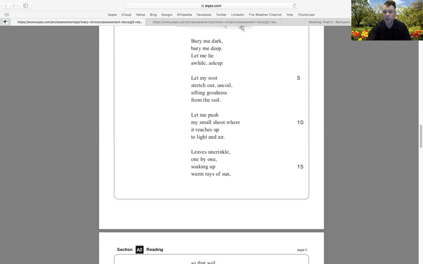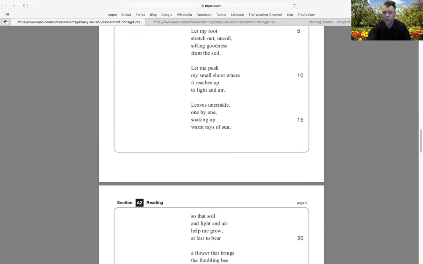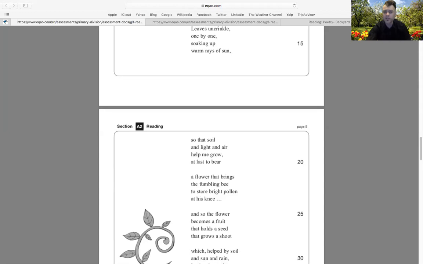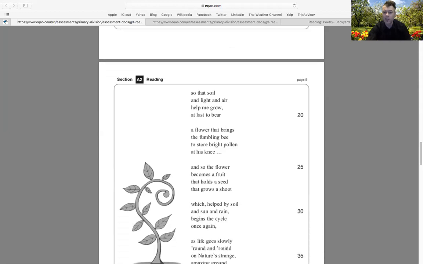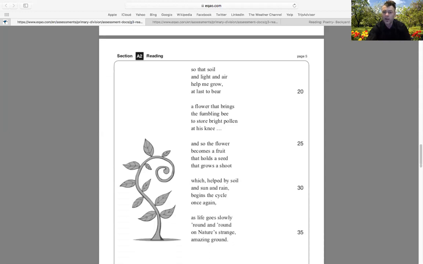Leaves uncrinkle one by one, soaking up warm rays of sun, so that the soil and light and air help me grow and last to bear a flower that brings the fumbling bee to store bright pollen at his knee. And so the flower becomes a fruit that holds a seed that grows a shoot, which helped by soil and sun and rain, begins the cycle once again as life goes slowly round and round on nature's strange, amazing ground.